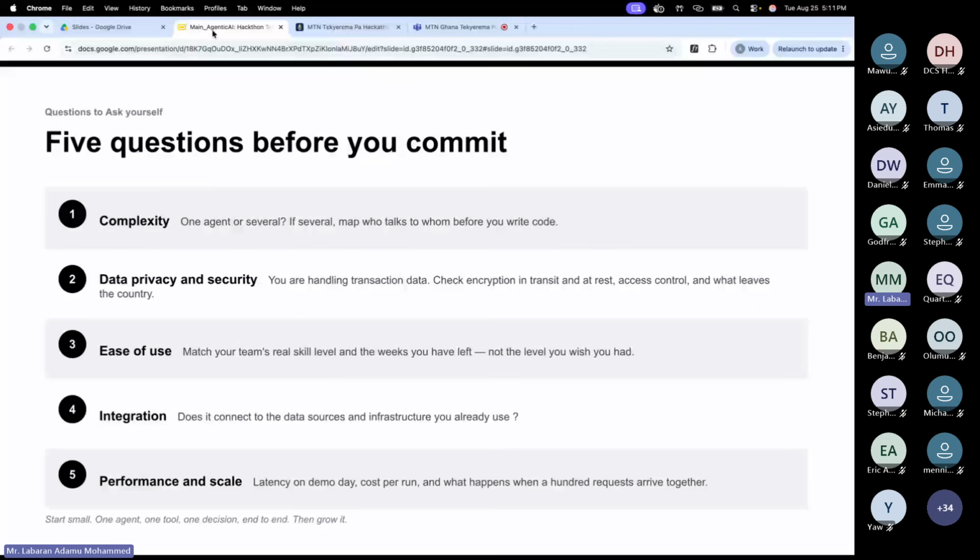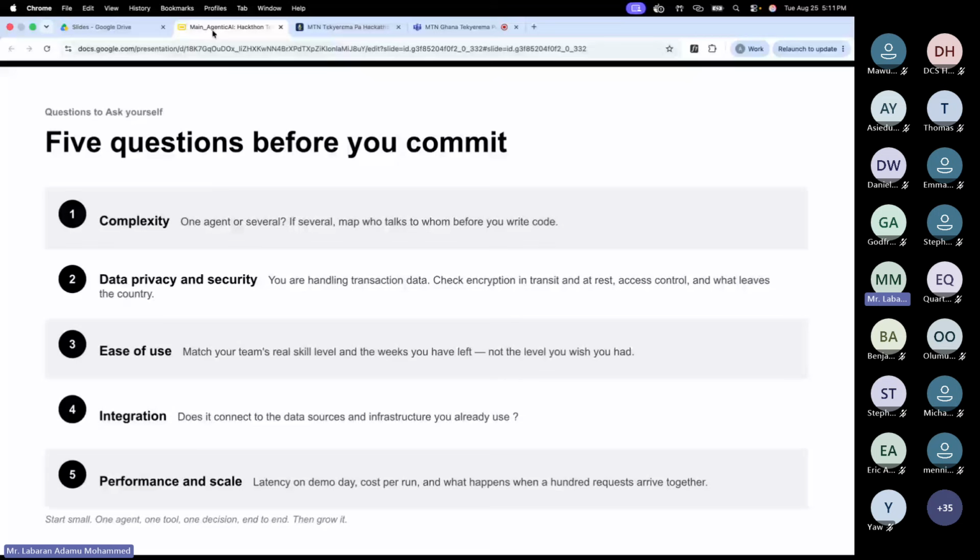Before you commit to building your agents, you should ask yourself several questions. One is the complexity. Are you going with one agent or several agents? If it's several agents, that's a multi-agent system. Which agent talks to which agent, you have to decide all of that early.